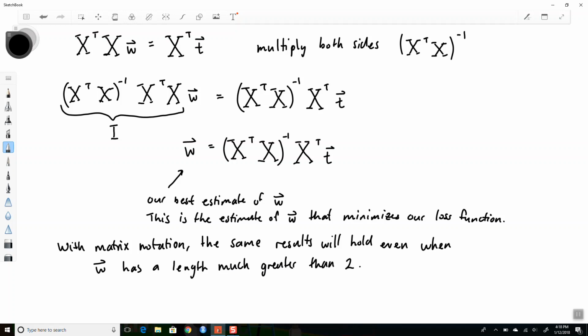Okay, so we could have some more complex linear regression model, and the same results will hold.